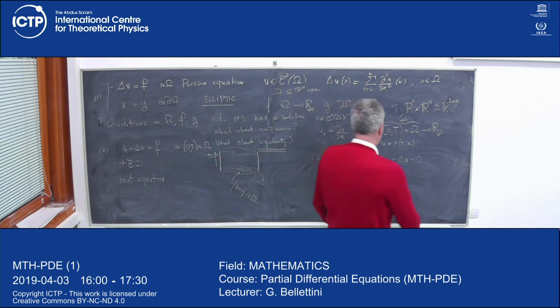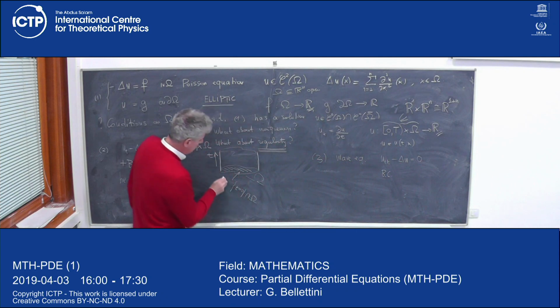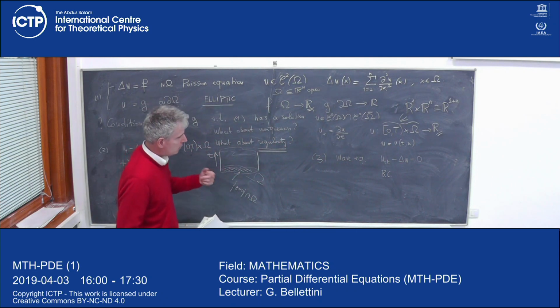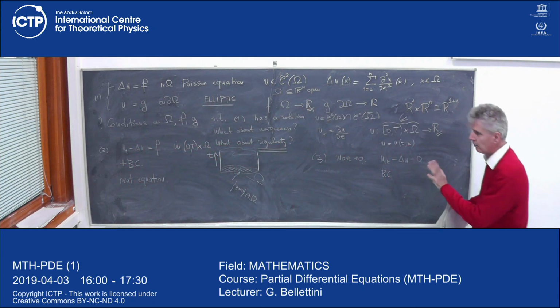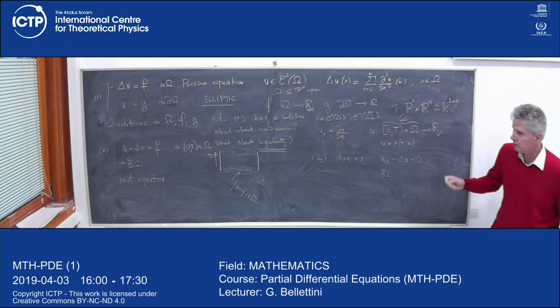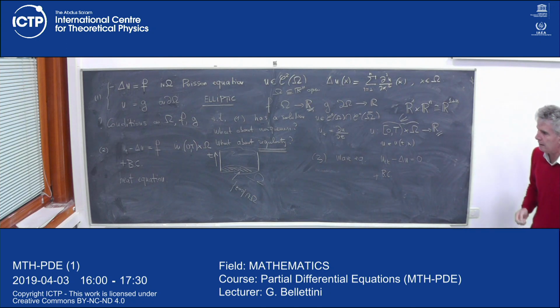One could add some initial condition here, and maybe here also the initial velocity. Well, I don't want to enter into that now, just to tell you which types are possible.